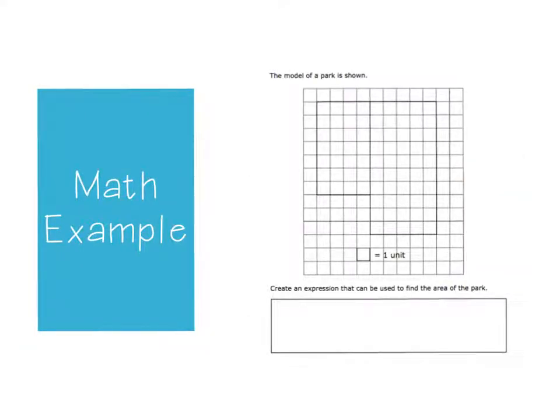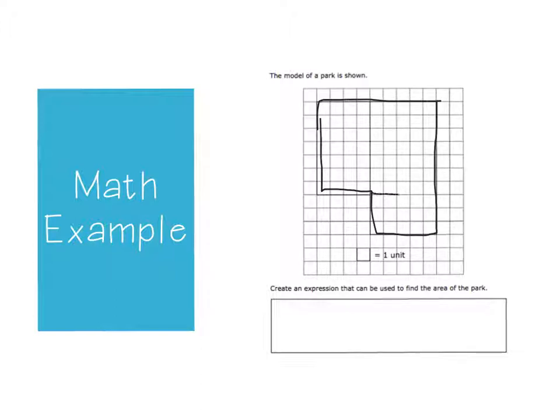This question asks the students to create an expression that can be used to find the area of the park. So if you can't see it very well, the area of the park is kind of outlined here. And then what the kids would have to do is figure out what expression could they use to find the whole entire area.